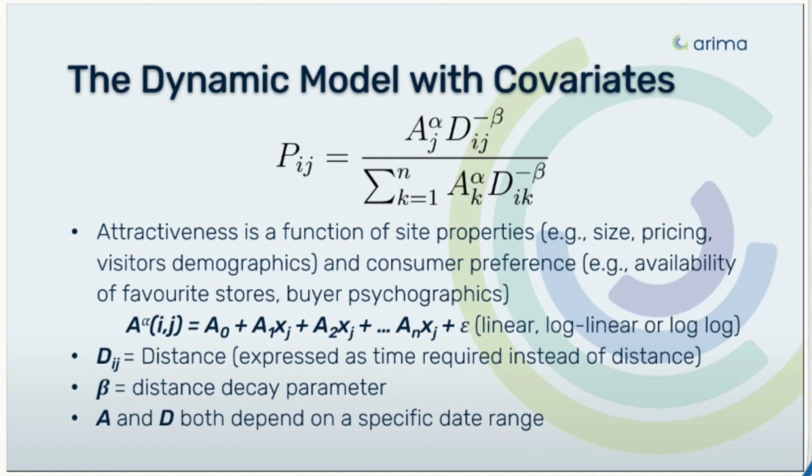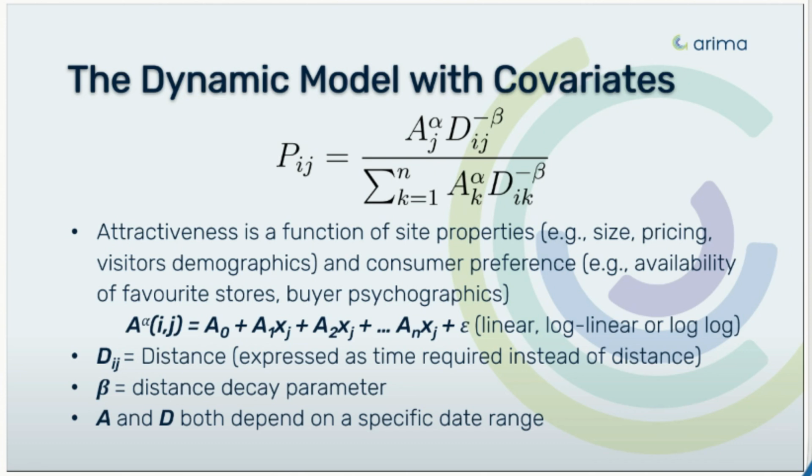Remember, in the original Huff model, because attractiveness is exponentiated with a decay parameter, one may want to use a log linear or log model. Internally, we've just used the linear model and it worked very well. So that's that.